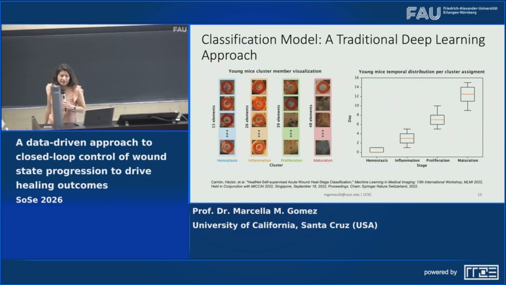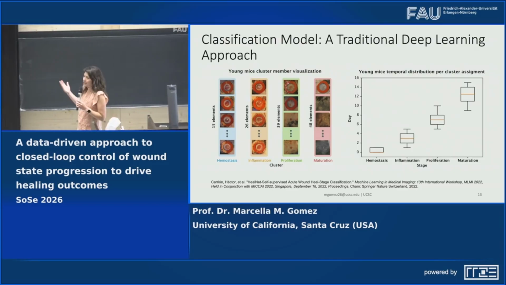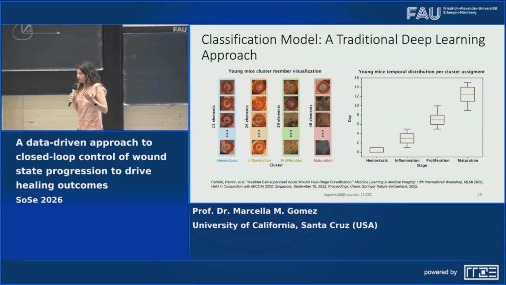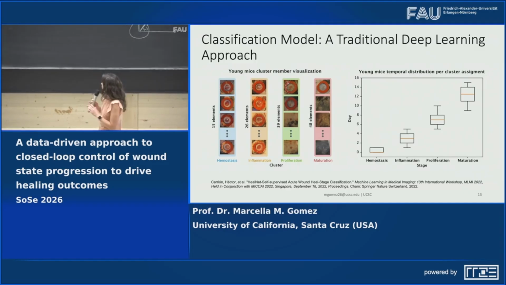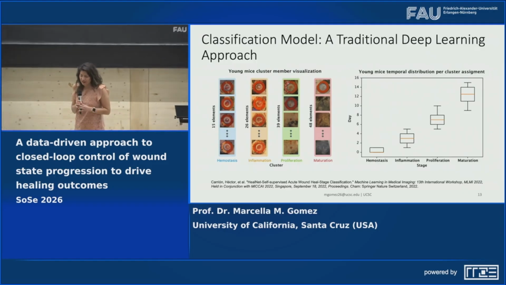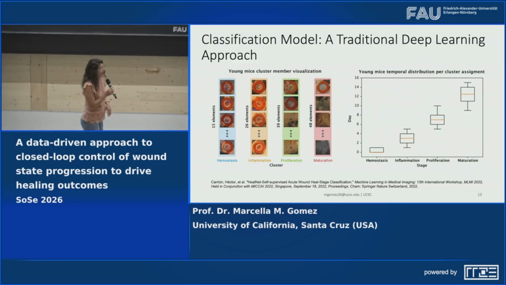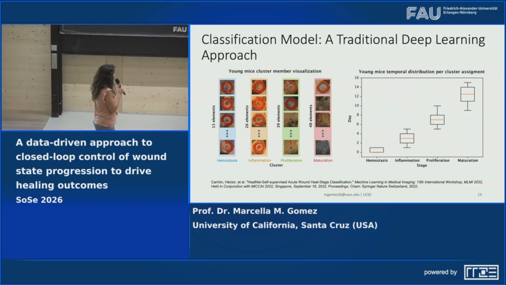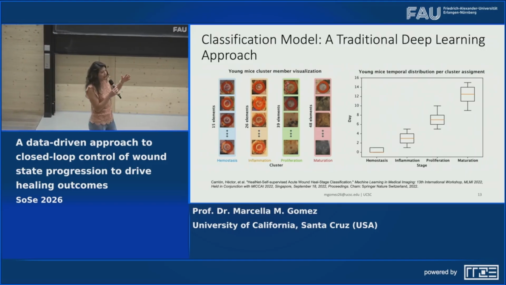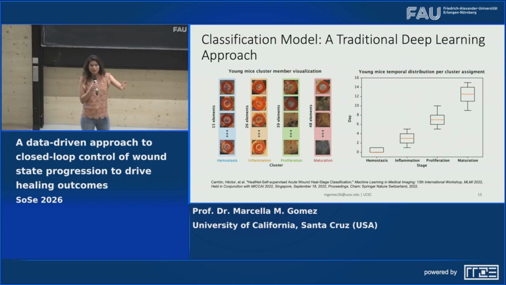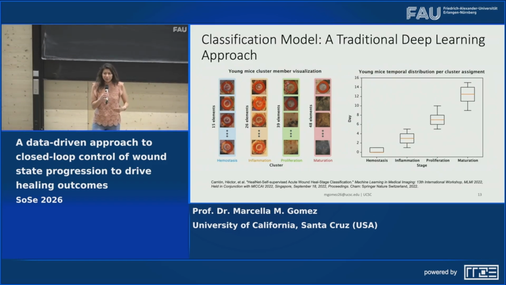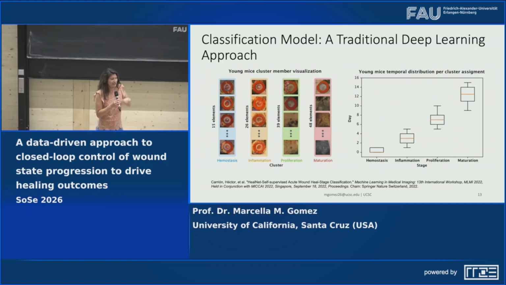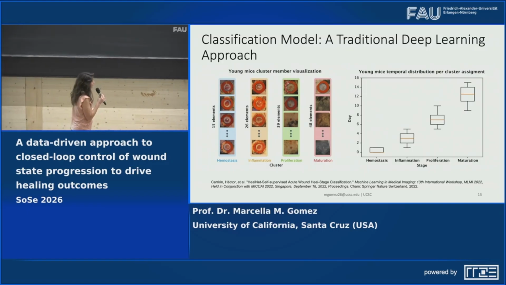Initially, we did a very traditional classification model, which is the more traditional approach, and it involves some sort of clustering of the latent space of the images. We were able to do that, but the problem is that this is a discrete classifier, right? So we're losing this continuous description of the system.